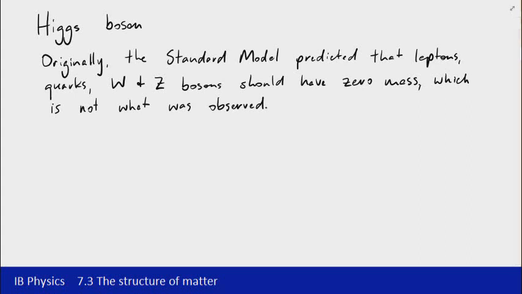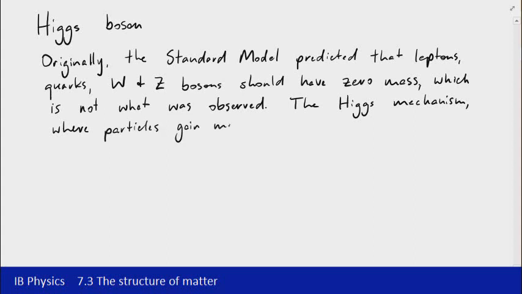In order to deal with that particular situation, a scientist by the name of Higgs, along with a few other people, came up with a mechanism. We're not going to go into it in too much detail, but it's a mechanism where particles gain mass, or are given mass in a sense, when passing through the Higgs field.